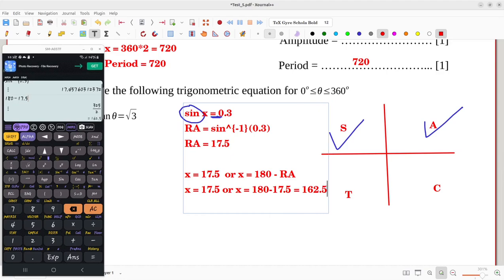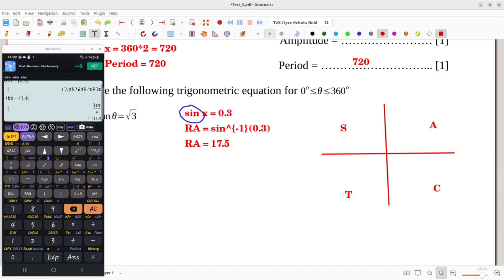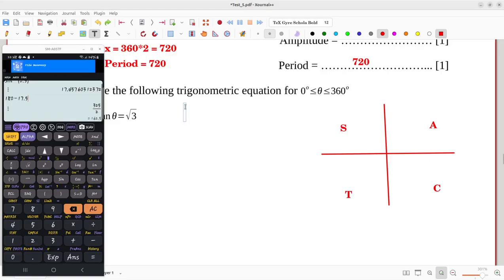So basically that's how you find the solutions. Let me write here, to take an angle into this quadrant, it's 180 minus the reference angle, to this quadrant it's 180 plus the reference angle, and then to the fourth quadrant, it's 360 minus the reference angle.